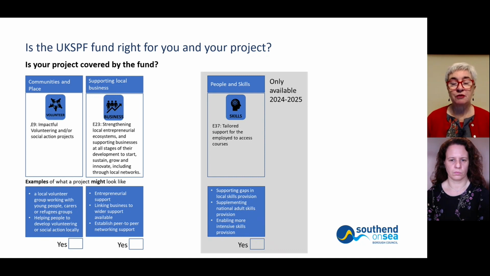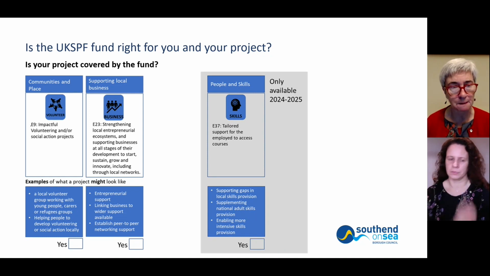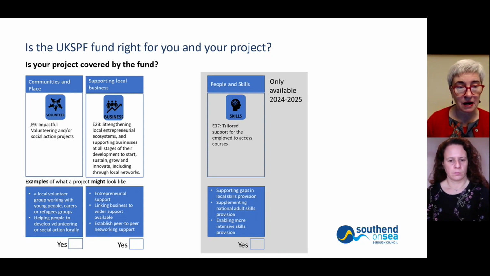Very worthwhile before you start writing anything is to spend a little bit of time thinking about, is the UKSPF fund the right one for you and your project? For the first 2 years, only 2 of the investment priorities will be available, and this is because government is looking at people and skills in year 3 only. So here we have the communities in place supporting local business, and you will see that there are 2 separate interventions that Southend has selected.